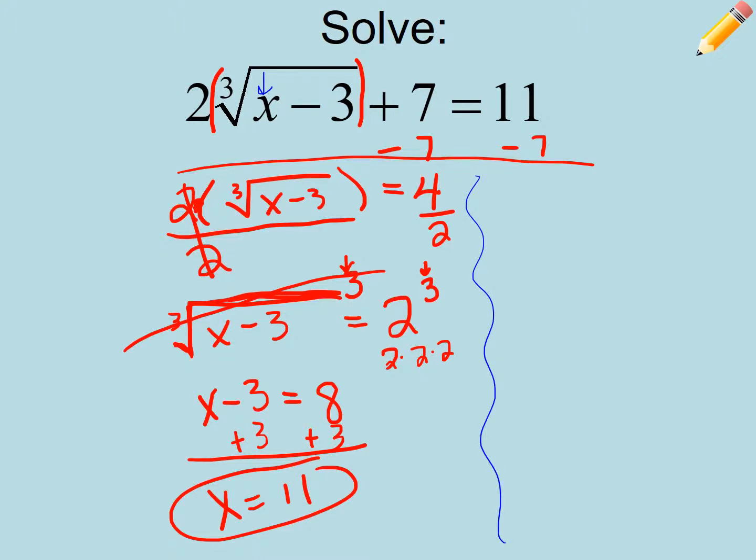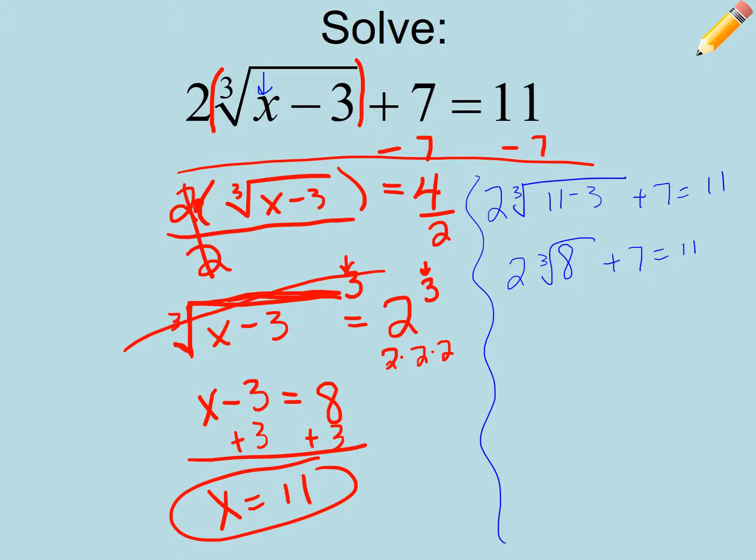So I'm going to do that in blue pen. So we have 2 times the cubed root of 11 minus 3, all plus 7, is equal to 11. So now that we're simplifying to try to get one value equal to another, let's start from the inside. So 11 minus 3 is 8. So we have 2 times the cubed root of 8, plus 7, equal to 11.